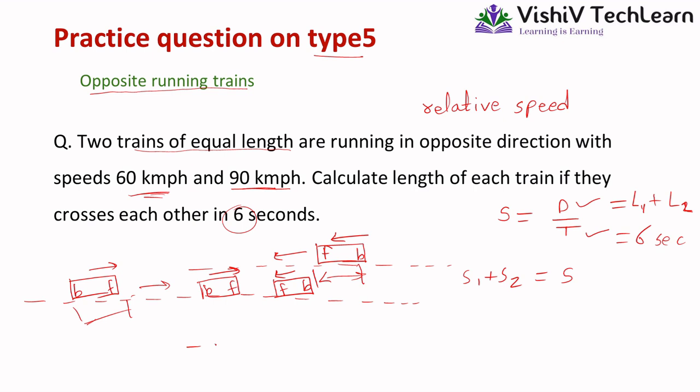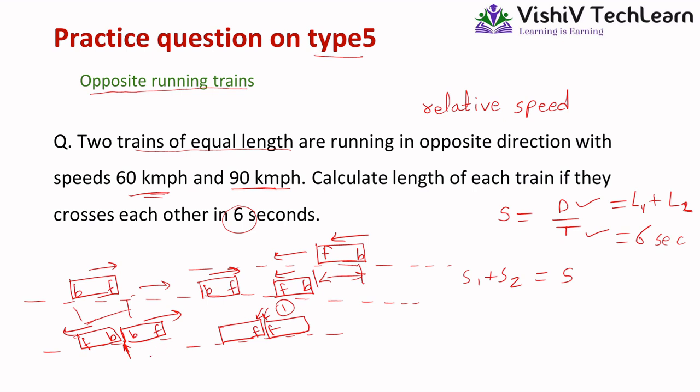Initially the trains will touch, the front sides of each train will be in line. This will be the first position. In the second position, the trains have crossed each other, so this is the back side of the train, and this is also the back side of the train, running in opposite directions, and the back sides will be in line.